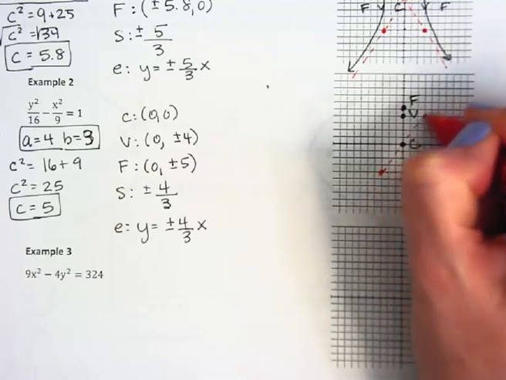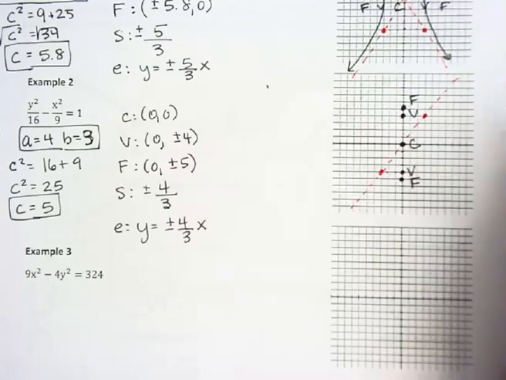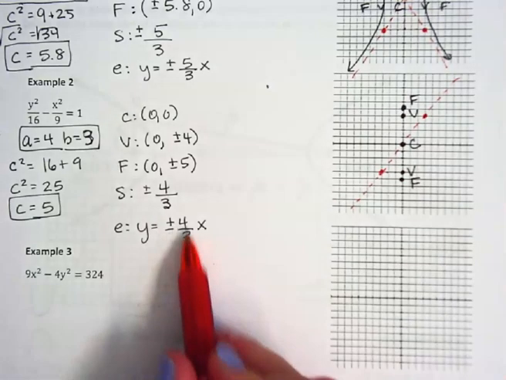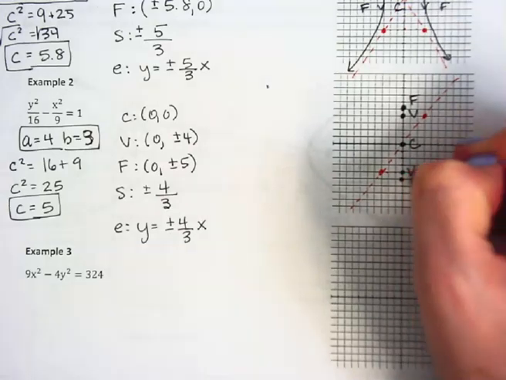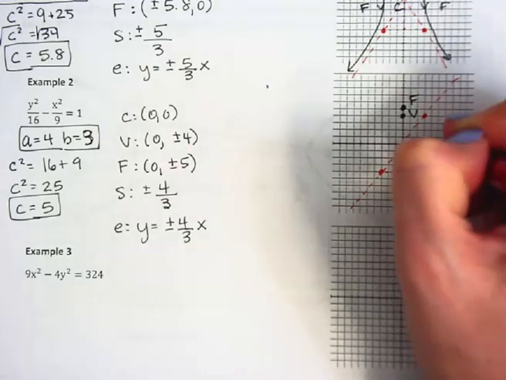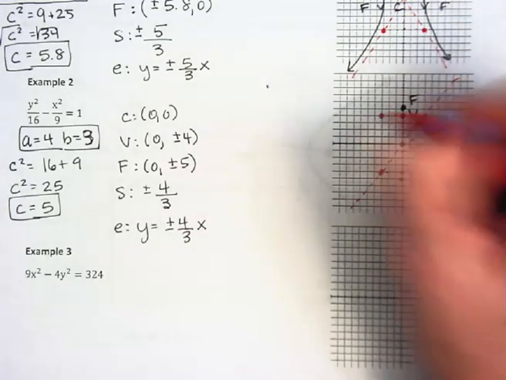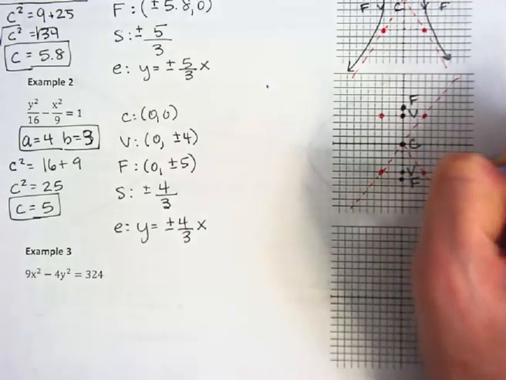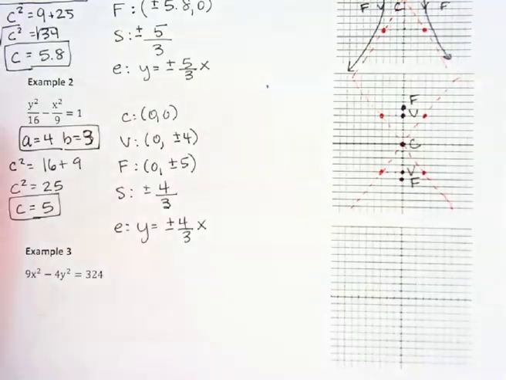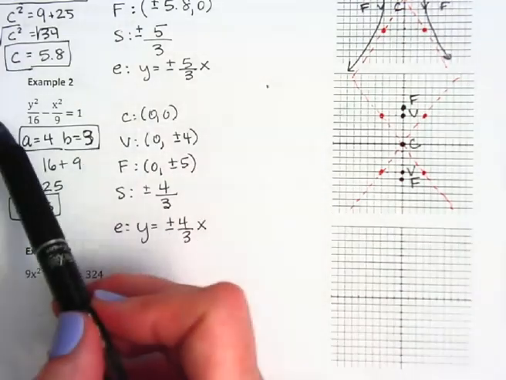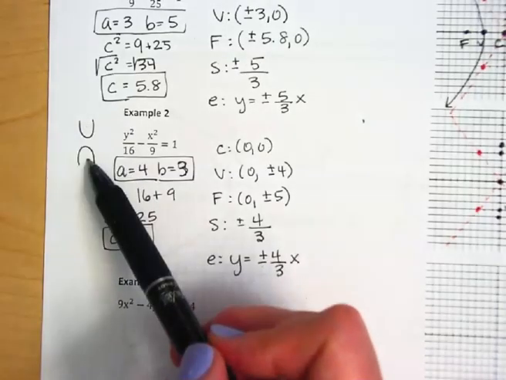There's one asymptote. And then I'm going to do the negative 4/3 version. So that means down 4, right 3, and then up 4, left 3. And now I graph my hyperbola shapes, and we already said they were opening up and down.